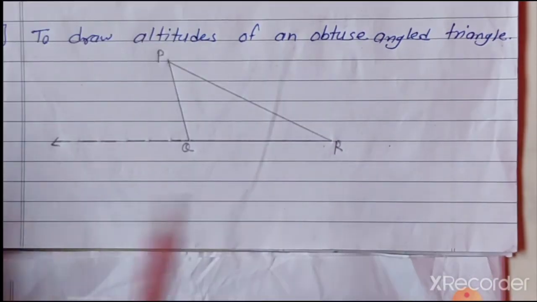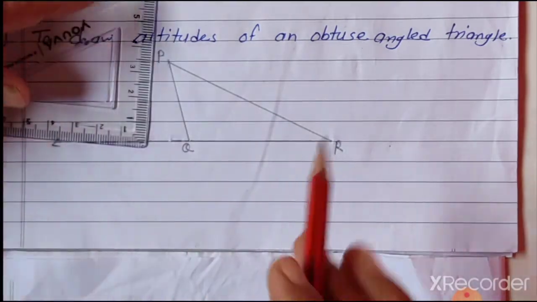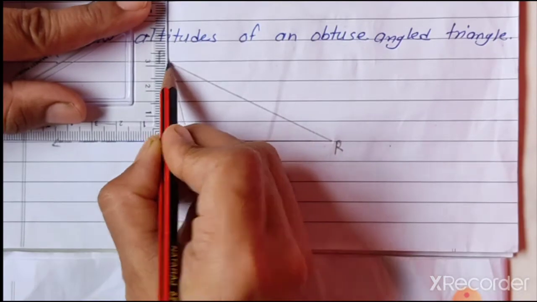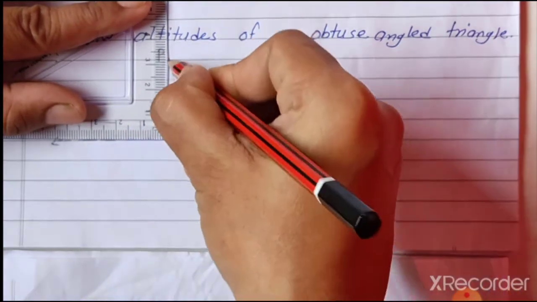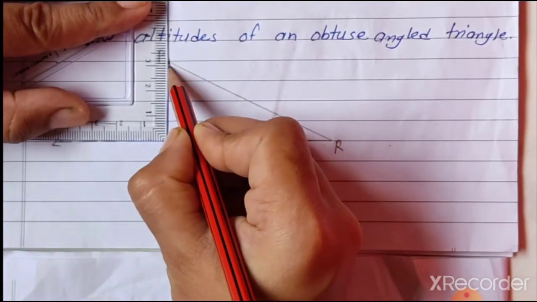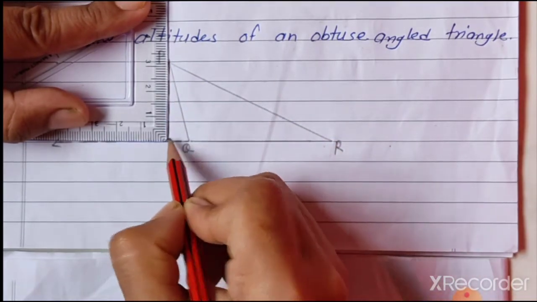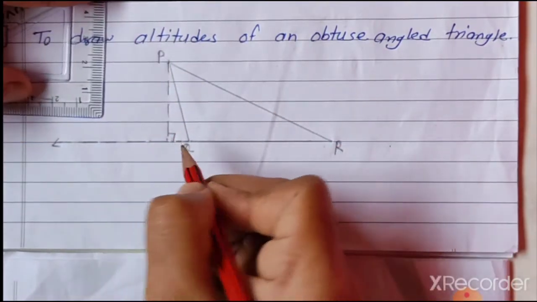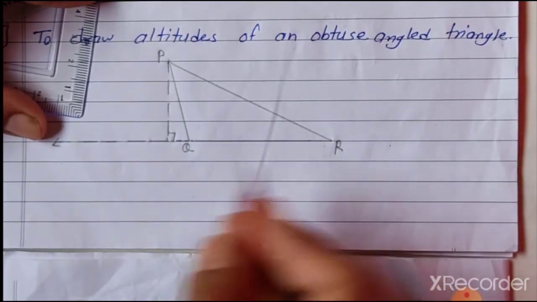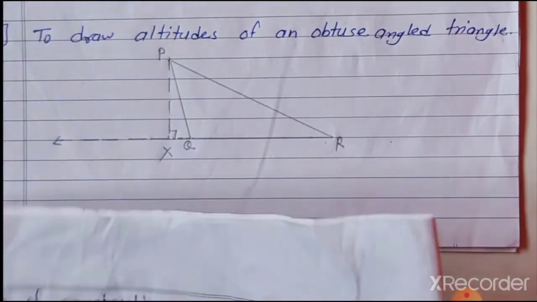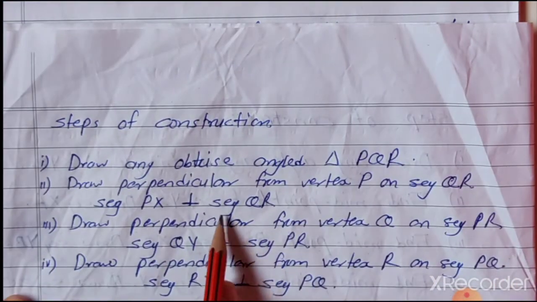It will look like this. Now draw this perpendicular by using a set square. Put the point of your pencil on vertex P and now sketch this altitude. Name it, suppose, X. So PX is perpendicular to segment QR.